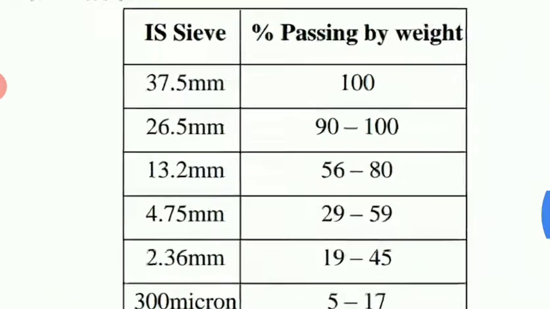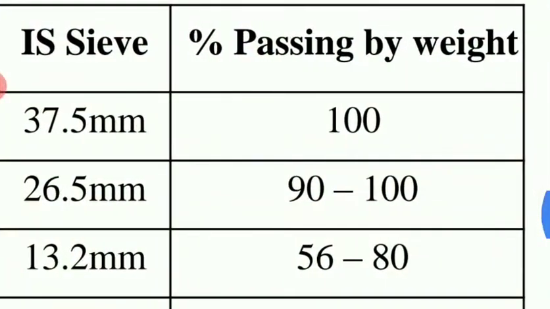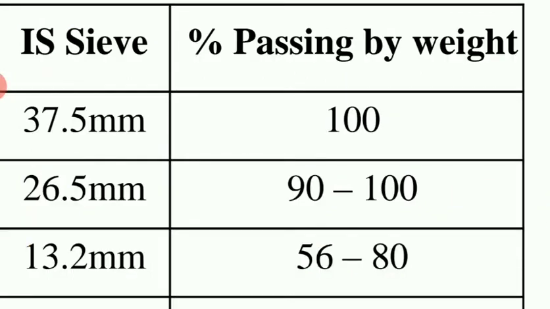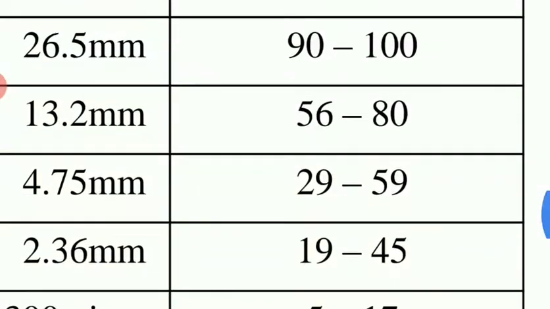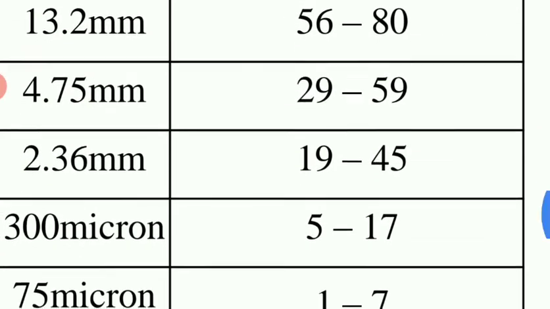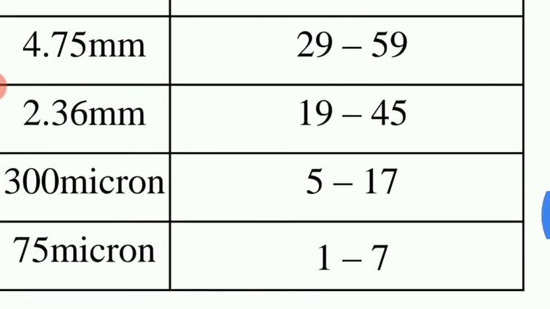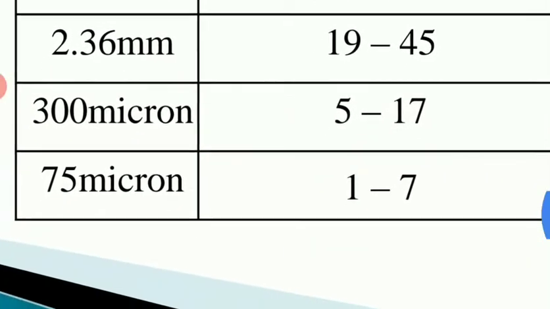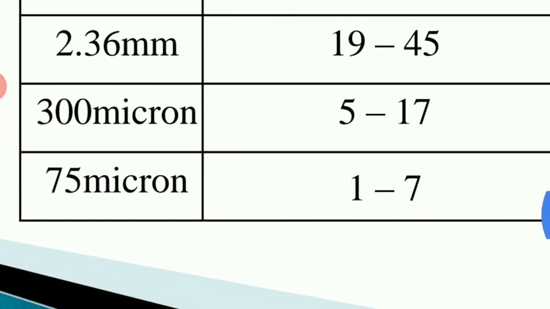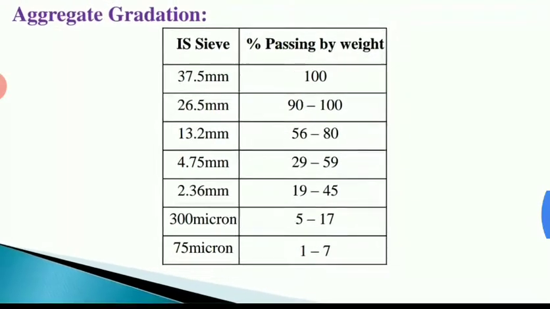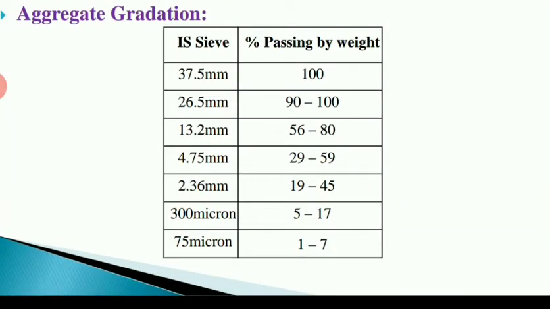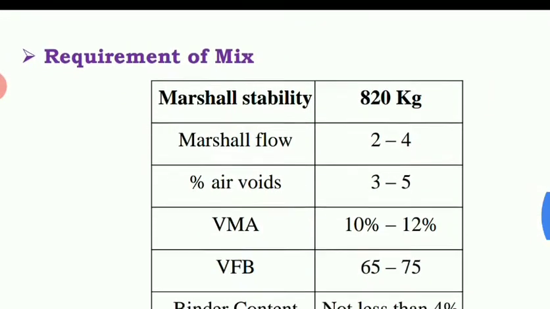For 37.5 mm it is 100 percentage by weight, for 26.5 mm it is 90 to 100, for 13.2 mm it is 56 to 80, and 4.75 mm it is 29 to 59, and then 2.36 mm, 300 micron, 75 micron stand for 19 to 45, 5 to 17, and 1 to 7 respectively, right? So whatever aggregates we are using in this construction should follow this particular gradation table.